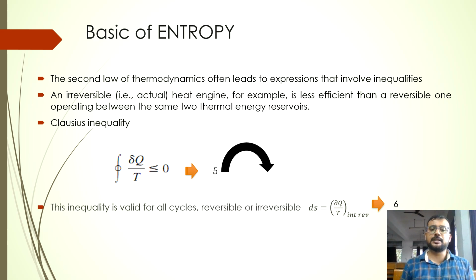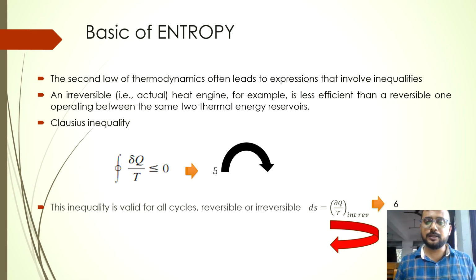This inequality is valid for all cycles, reversible or irreversible. That is, delta S or dS, the change in entropy, is equal to delta Q by T in the internally reversible condition, which is equation number 6. This can be rearranged as dQ reversible equals T dS, that is equation number 7.